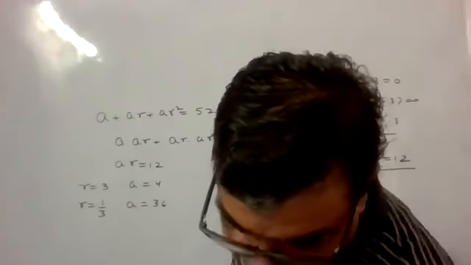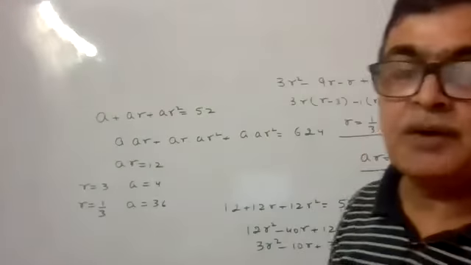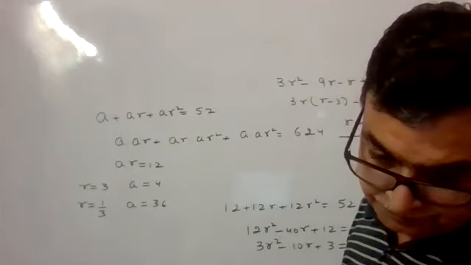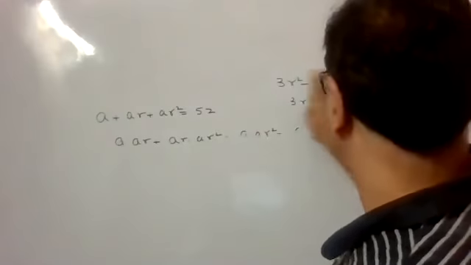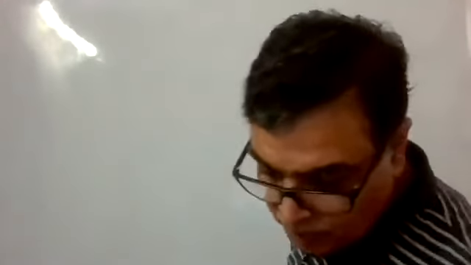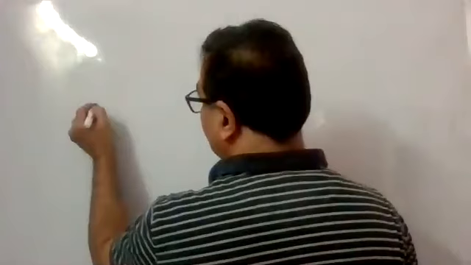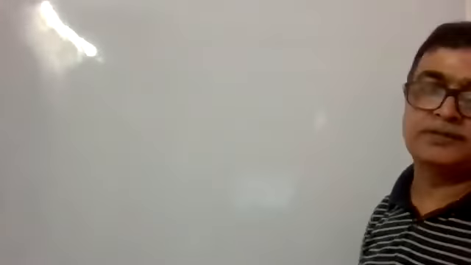Next question, please. Find three numbers in GP whose sum is 13 and sum of their squares is 91.